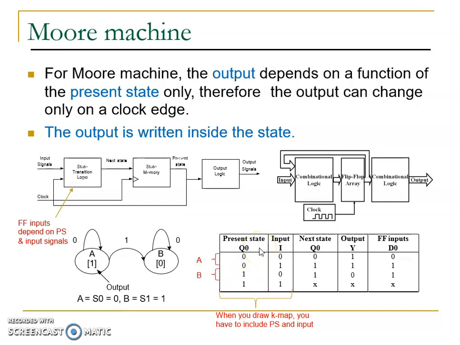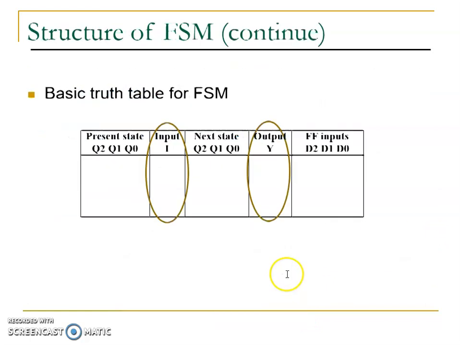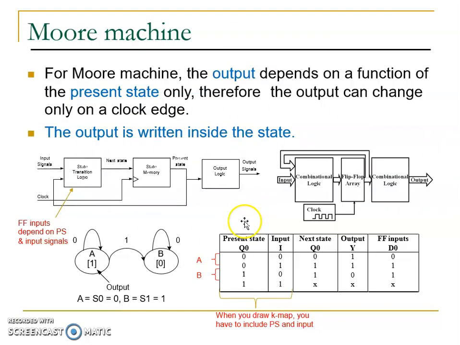So in this truth table, this is the present state Q naught, which is 0 and 1 because there are two states. State A contains only one bit and state B also one bit, 0 and 1.